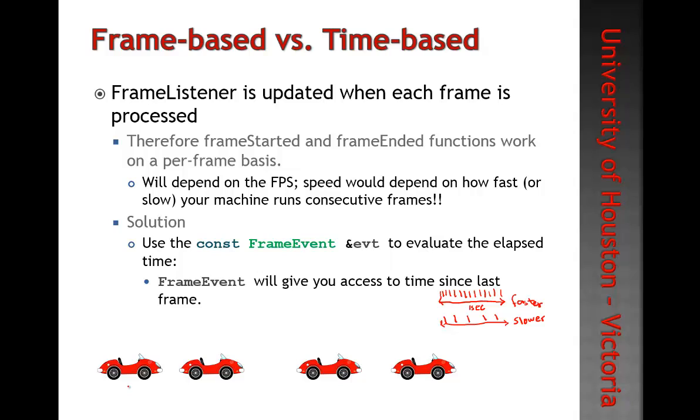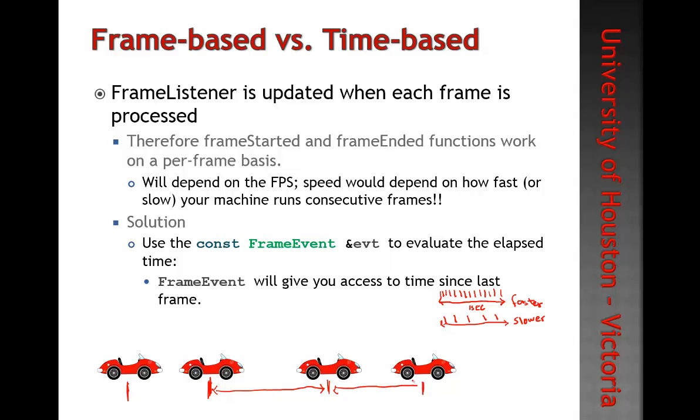We may have a situation in which frames are not rendered at regular intervals. For example, the first two frames just happen to run in a shorter time span because the computer had not got too busy, whereas the next two frames had more irregularity in the time difference between them.